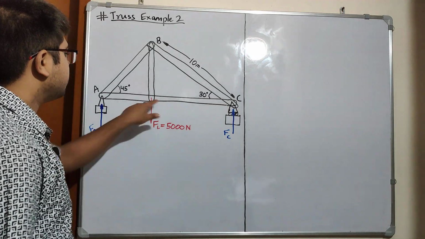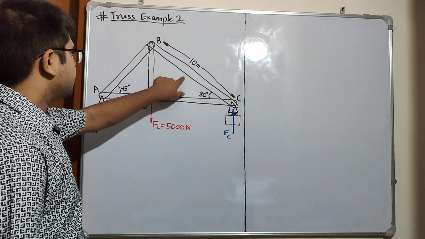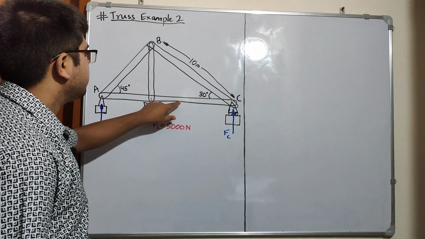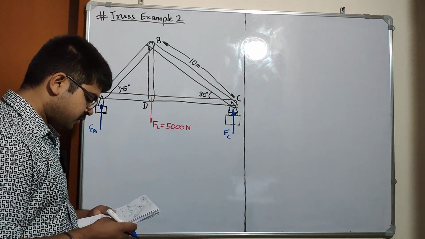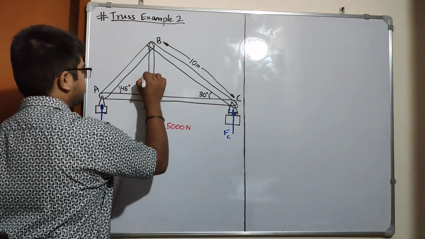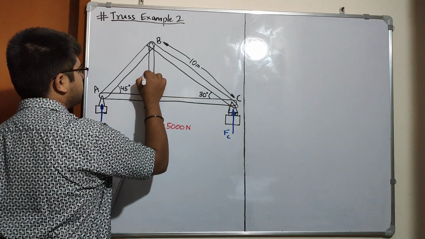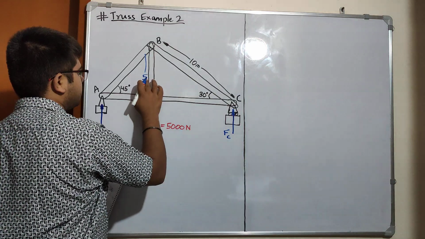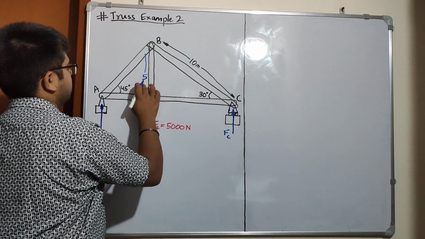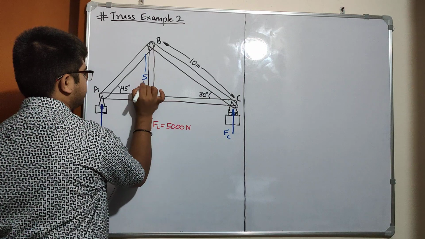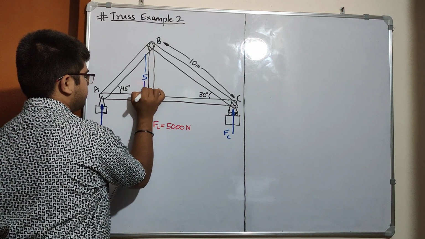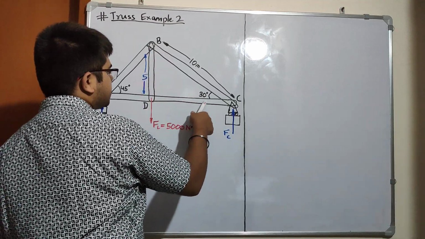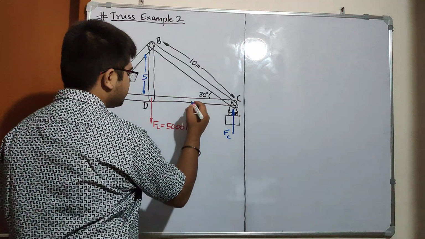Now we will determine the dimensions of the truss. So we are given 10, this is 30. So 10 sine 30 will give us 5. So this length is 5, this length is 5, and 10 cos 30 will give us 8.66 meters.